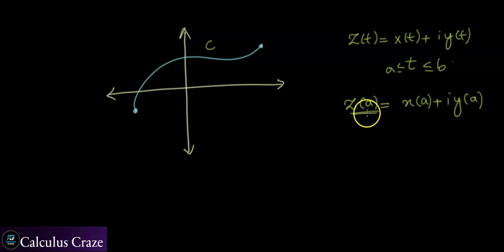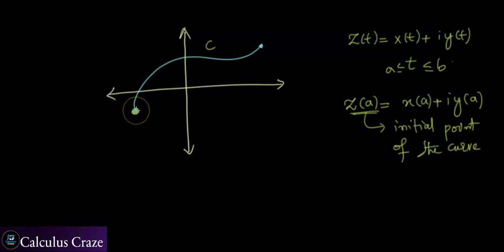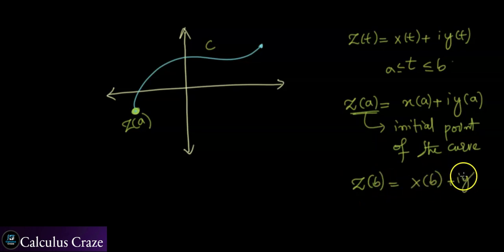This point z of a is called the initial point of the curve, right? So this point, let's say over here, is z of a, and then the point z of b, which is basically x of b plus iota times y of b, is the terminal point of the curve.